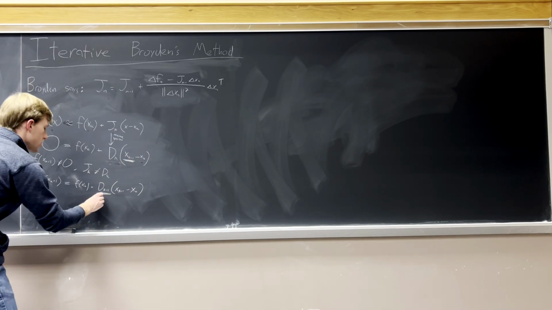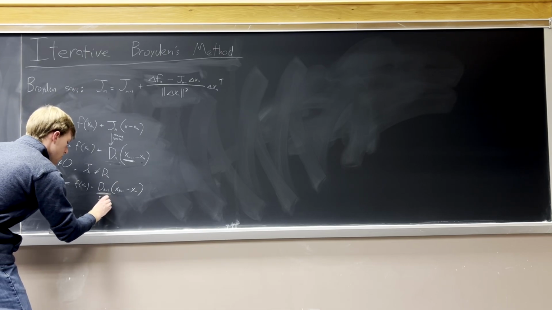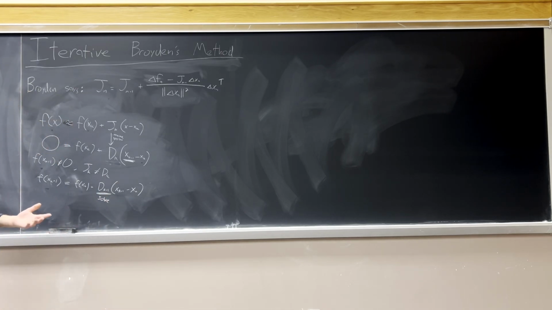So now we solve for this, and we have an improved Jacobian. That's essentially what we're doing, and that's the peasant way of doing it by hand. We do this over and over and over, and eventually we'll get to something that's actually at 0.